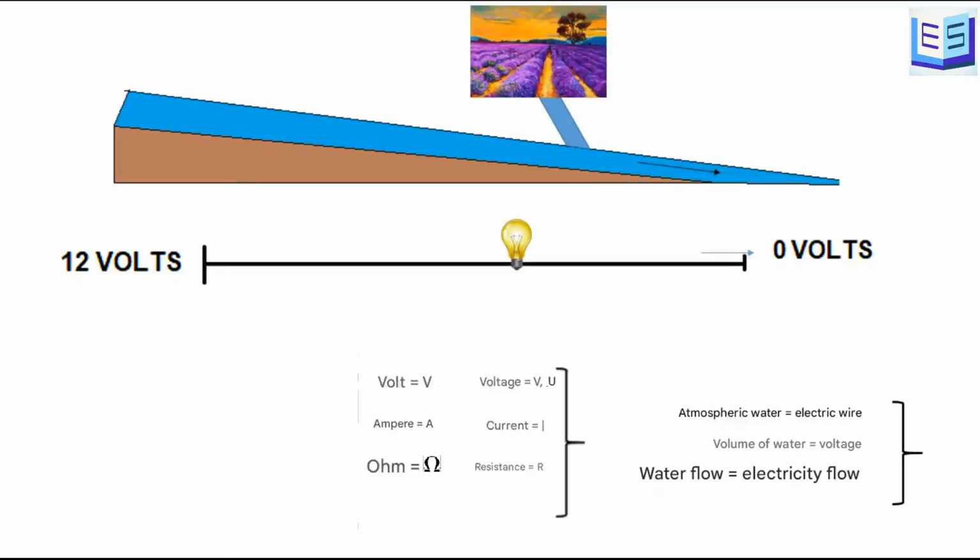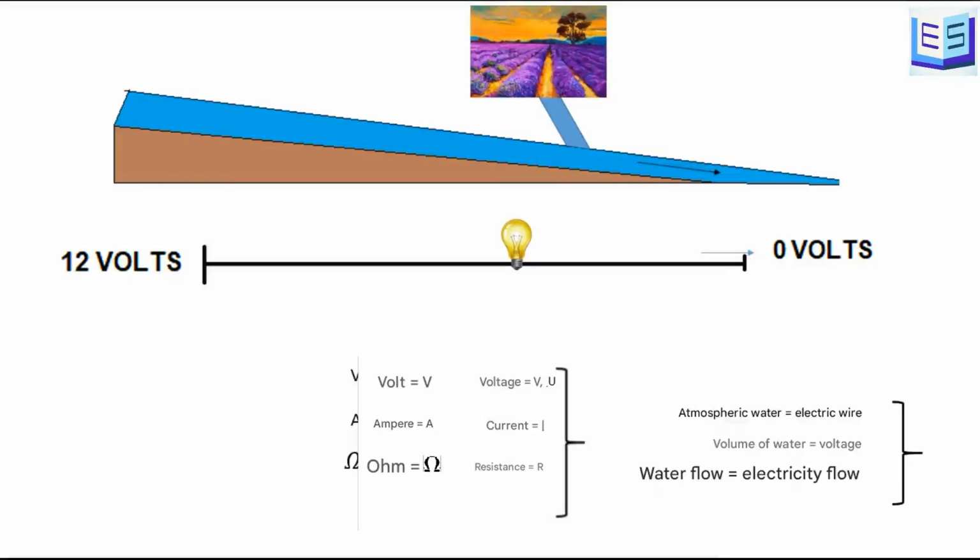In electricity, voltage is represented by the letter V, current by the letter I, and resistance by the letter R. Each of these parameters has a unit to express its value. The unit of voltage is the volt, and it is represented by the letter V. The unit of current is the ampere, represented by the letter A, and the unit of resistance is the ohm, represented by the ohm symbol.